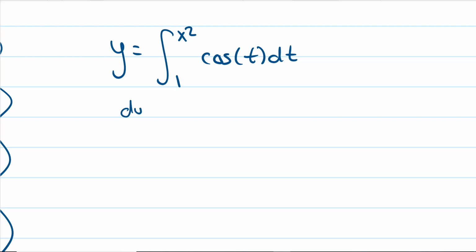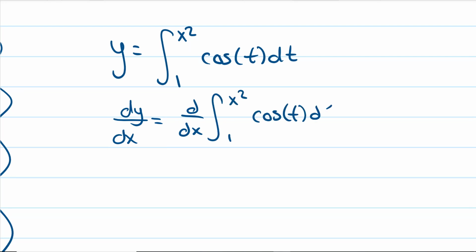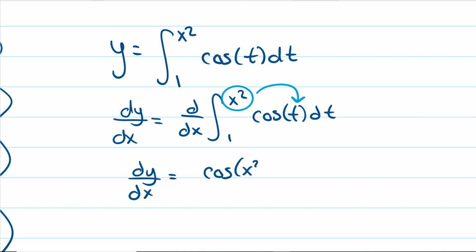I have dy/dx is equal to d/dx of the integral from 1 to x squared of cosine of t dt. Using the fundamental theorem of calculus, I can write that this x squared is going to go inside here. So I get cosine of x squared times the derivative of the inside piece.